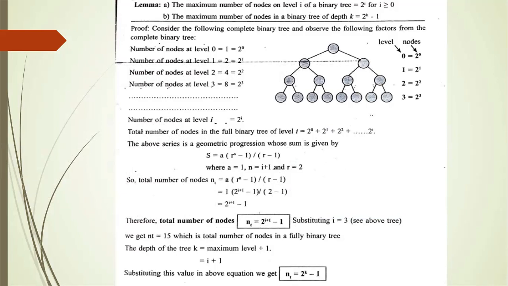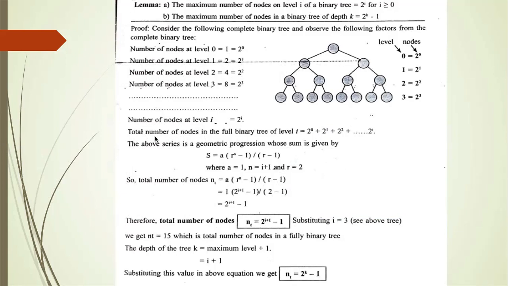At level 0 there is 1 node, that is the root node, at level 1 there are 2, at level 2 there are 4, and at level 3 there are 8. Basically we can represent this in terms of 2^i: 1 is 2^0, 2 is 2^1, 4 is 2^2, and 8 is 2^3, and so on. The number of nodes at level i will be 2^i.